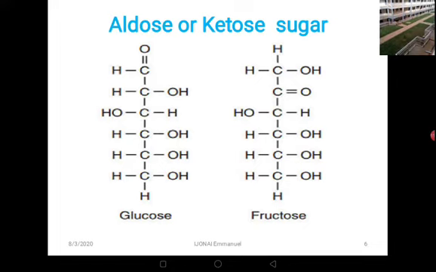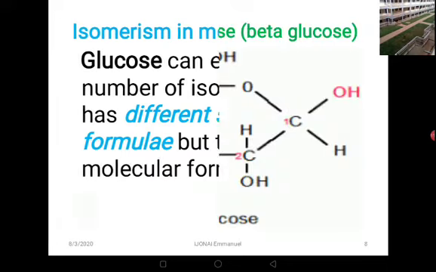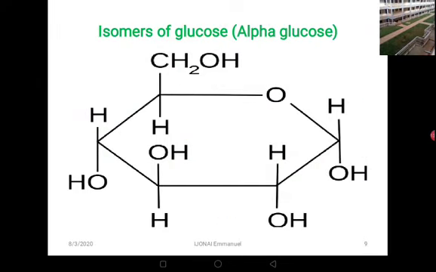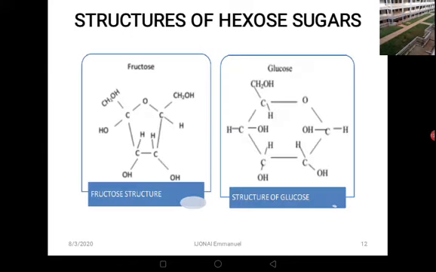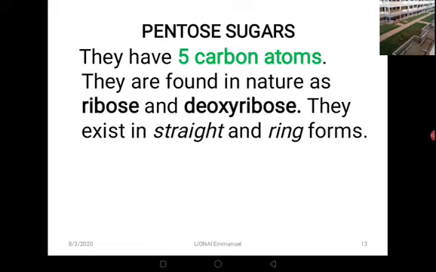And what we are seeing here are ring forms. I want you to learn how to differentiate between a chain form and a ring form as a structure. These sugars have different structures. They can exist in chain form, and they can also exist in ring form.